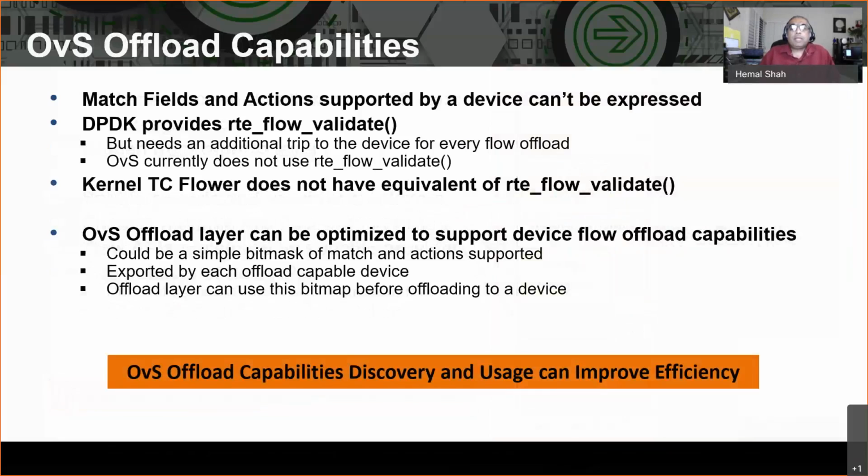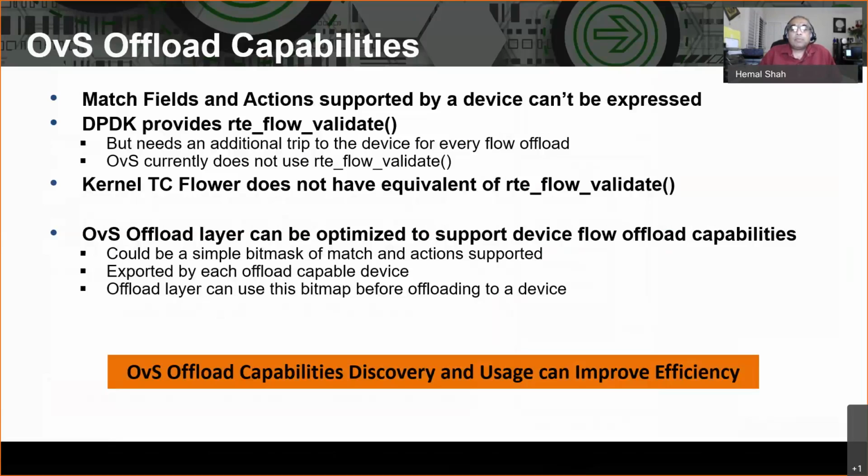The first one here is that with any offload, the general offload layer design is that you have some built-in capability discovery, and based on that, the layer above it makes some intelligent decisions. With OvS offload today, that capability functionality is almost non-existent. In addition, DPDK has at least the RTE flow validate call, which allows you to validate a flow before it's offloaded. The equivalent of that doesn't exist in the kernel TC flower mode.